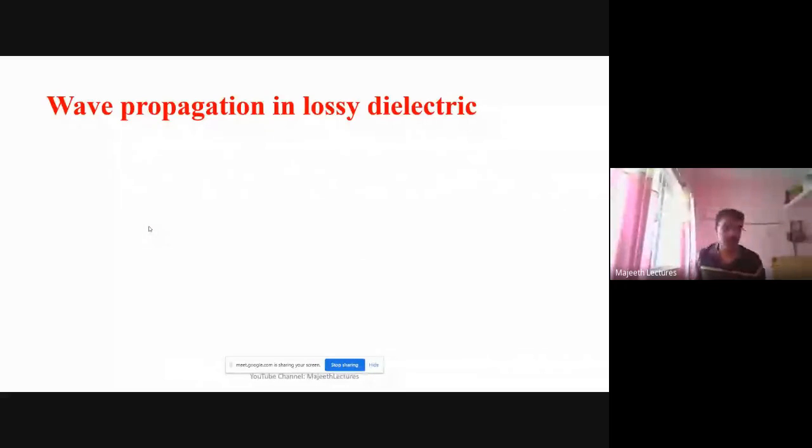Now we come to wave characteristics, wave propagation in lossy dielectric. Some important points I noted for you.